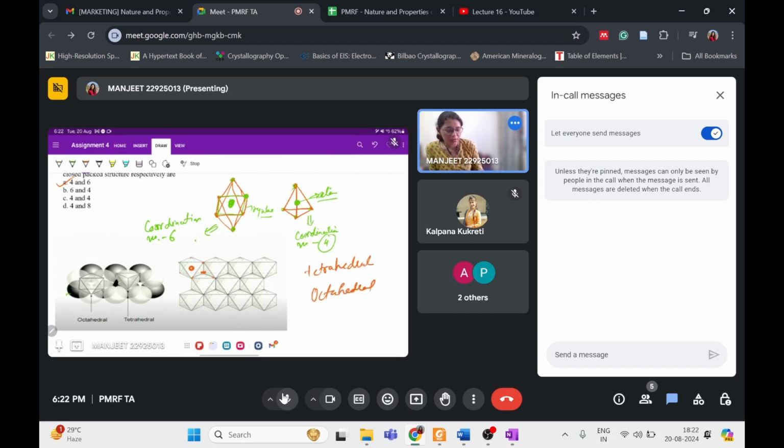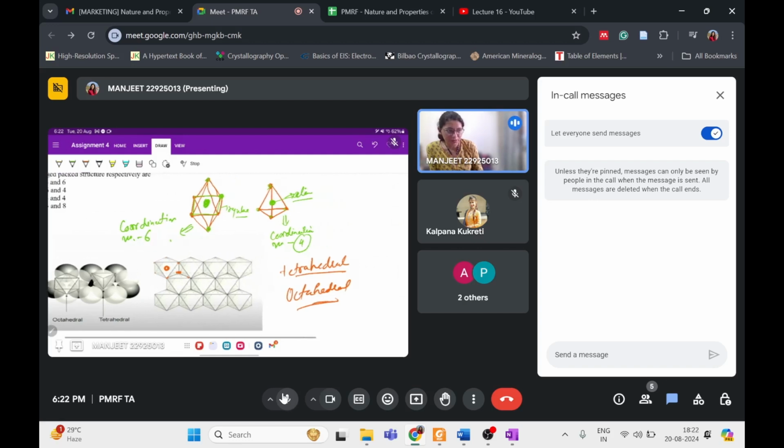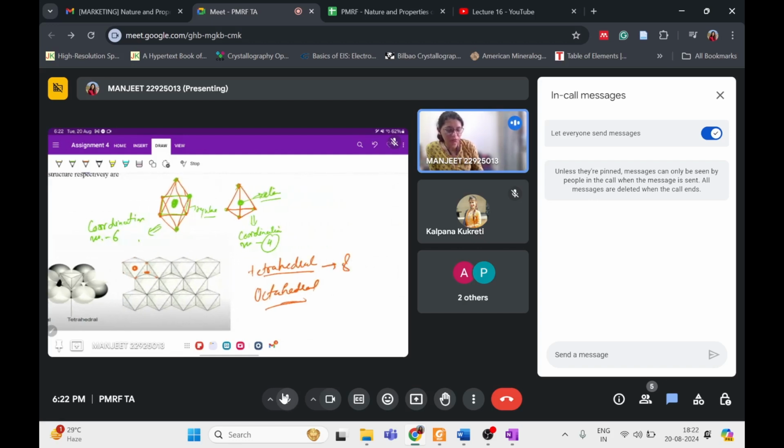For the tetrahedral it will be 8 per unit cell, and for the octahedral it will be 4 per unit cell. Basically, the tetrahedral voids exist along the body diagonals.